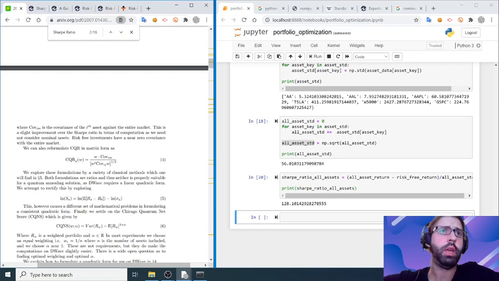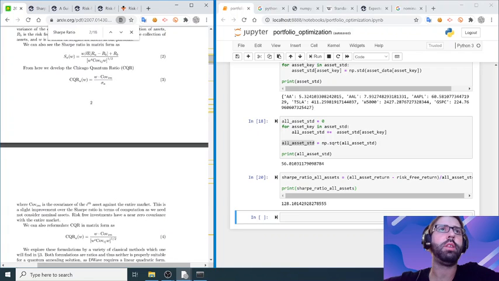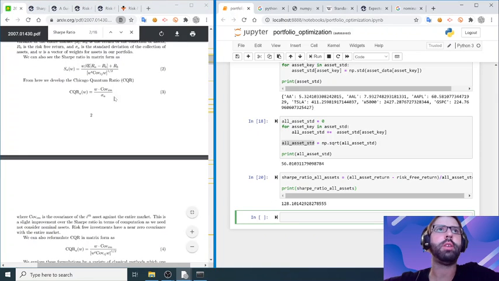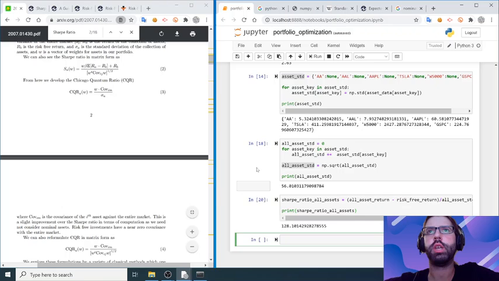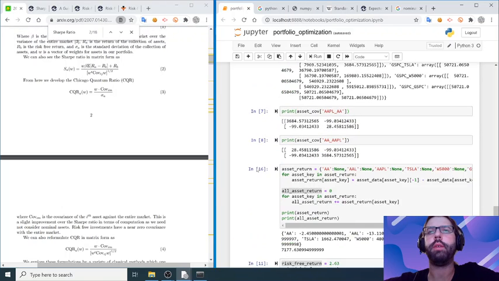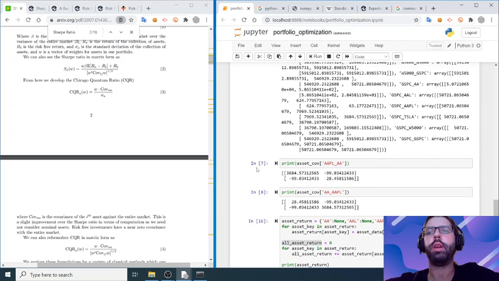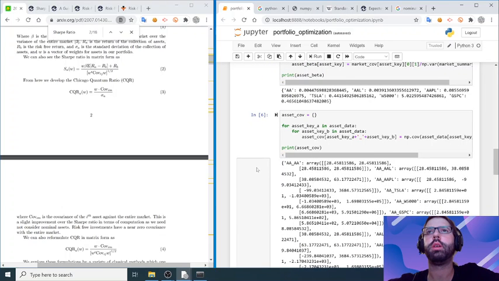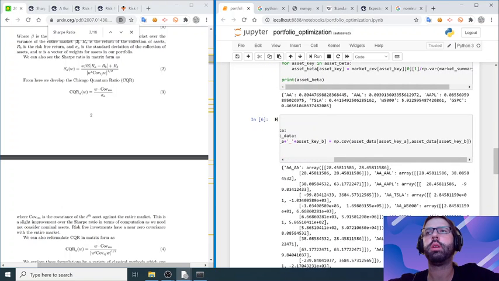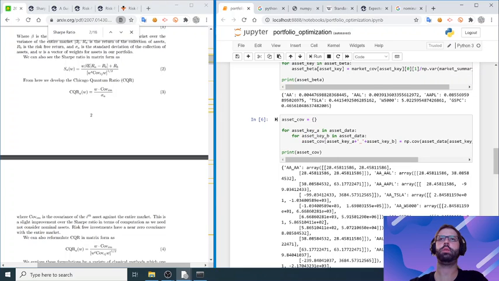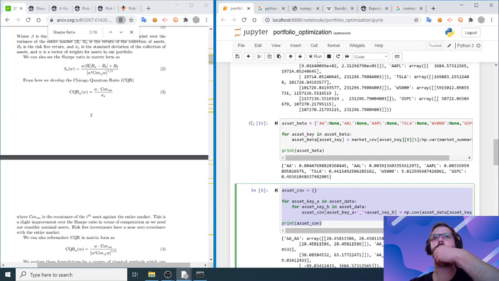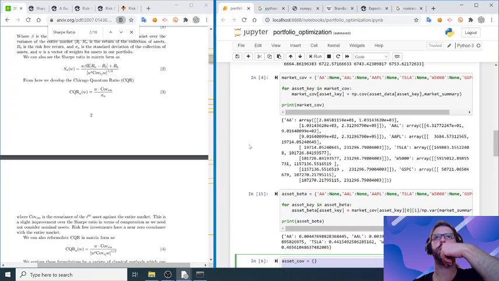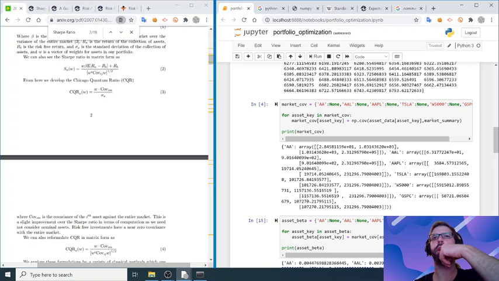Okay, let's get the ratio though. It's the covariance of each. Where did we have the covariances? Asset covariance. But it's of each asset with the market. Didn't I have these though? Wasn't this better? No. It was market covariance. Okay, we got it.